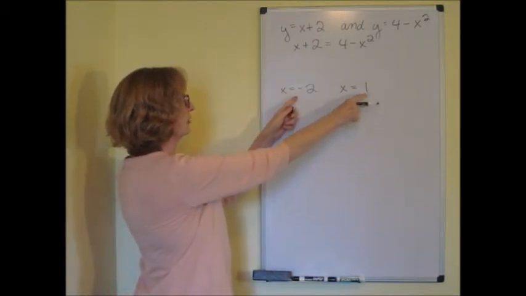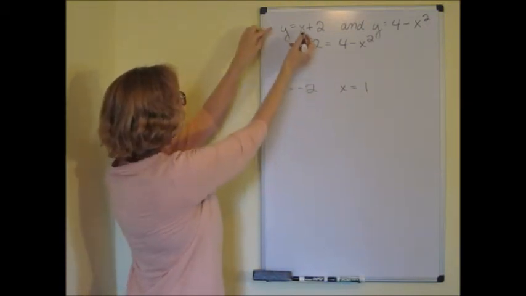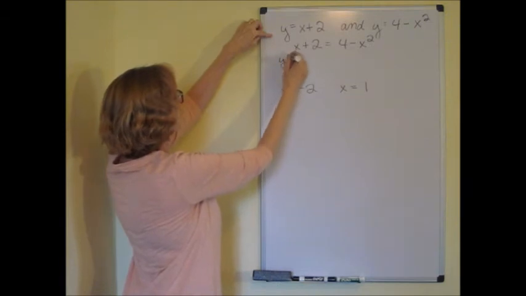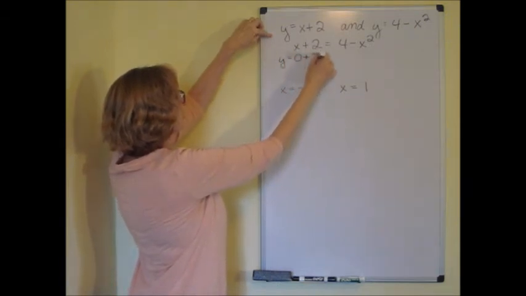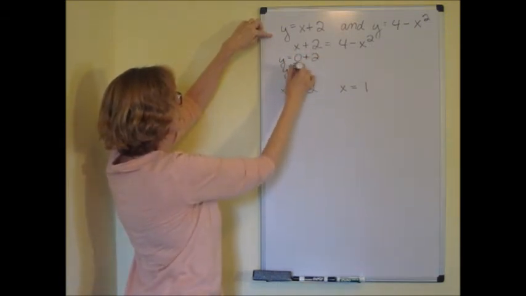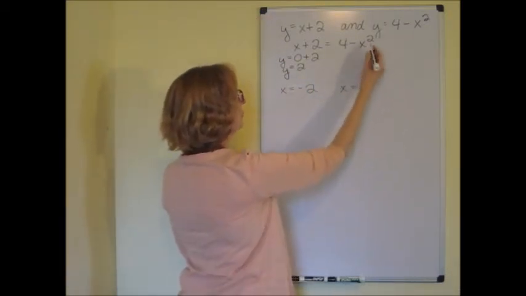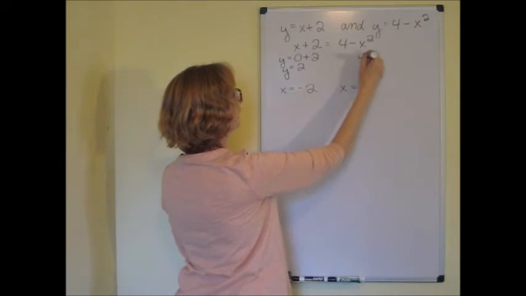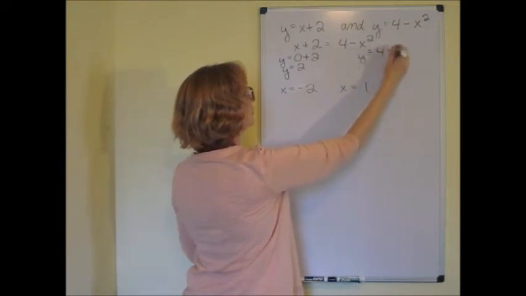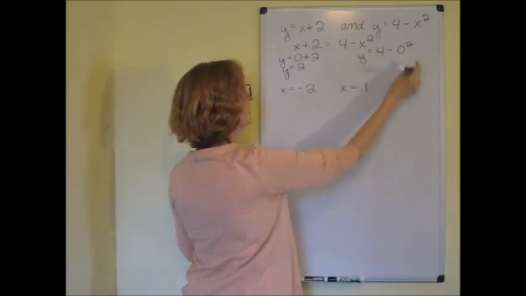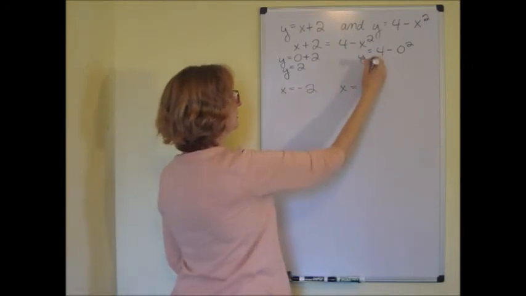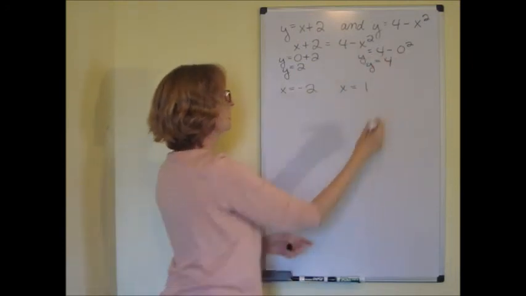That's between negative 2 and 1. So in my first equation I would have y equals 0 plus 2, which is 2 for that height. And in my second equation, if I pop in a 0, I get y equals 4 minus 0 squared, which gives me y equals 4.